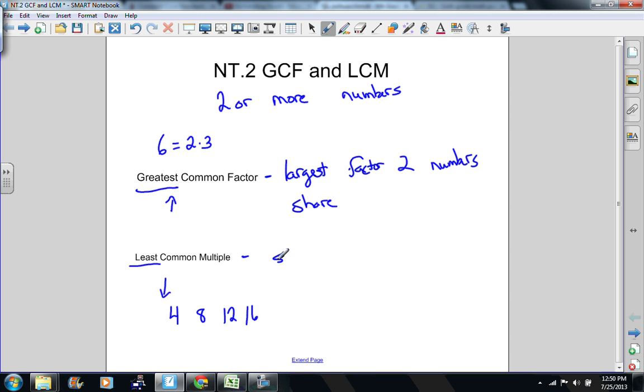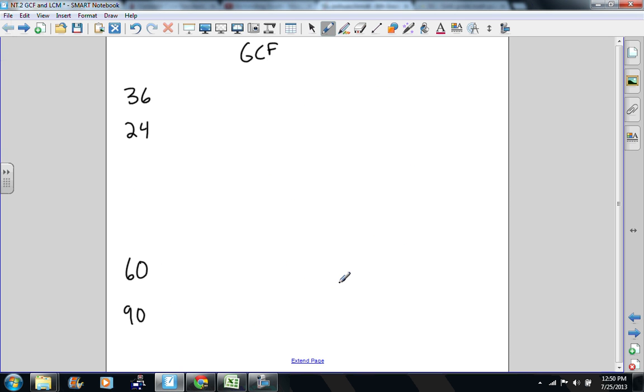And we want the smallest multiple two numbers share. I think every student I've had has been comfortable with the concepts, but they get them mixed up. So it's important to look at the word greatest and least and what you're looking for, okay?